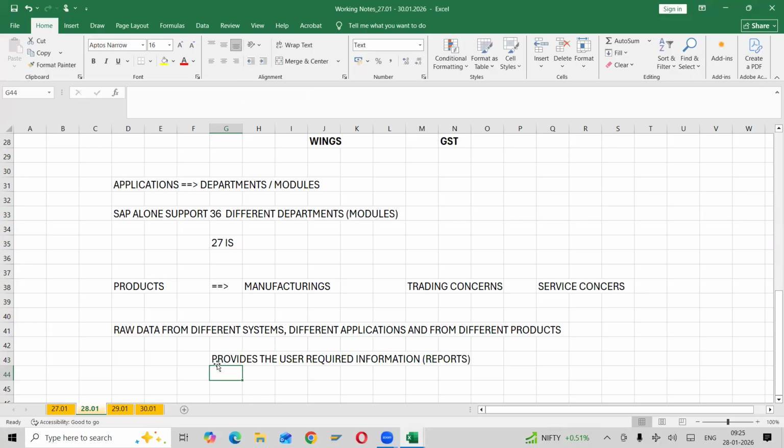They want a balance sheet, a meaningful trading profit and loss account, cash flows, funds flows. So it will process the data and provide meaningful, user-required information. And how many reports does SAP provide? SAP provides more than 2000 standard reports, which we will see in future.